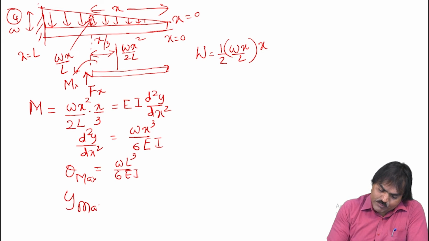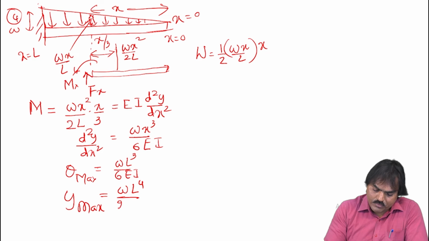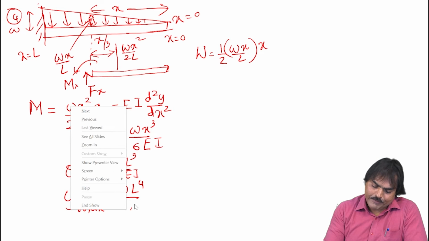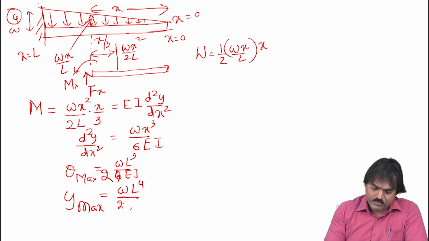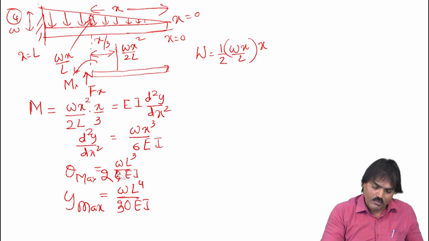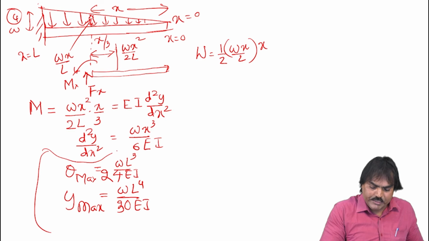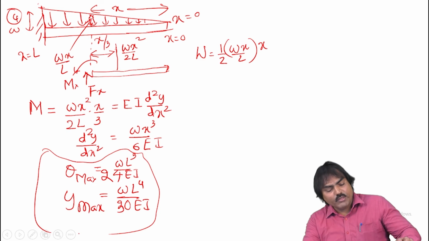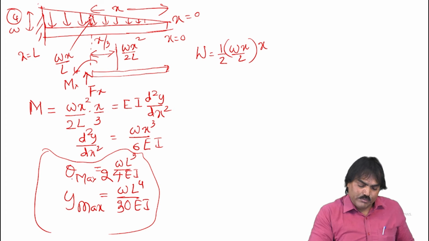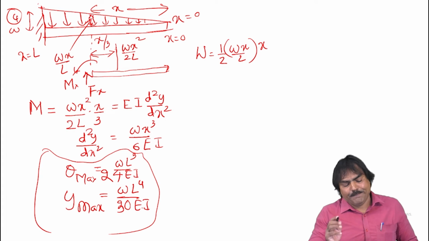Whereas the maximum deflection you will get is WL to the power of 4 by 30 EI. Anyway, these two formulas you can check, because I roughly remembered these values. These are the slope and deflection for a cantilever beam subjected to triangular load or uniformly varying load. The maximum slope is WL cube by 24 EI, whereas the maximum deflection is given by WL to the power of 4 by 30 EI.